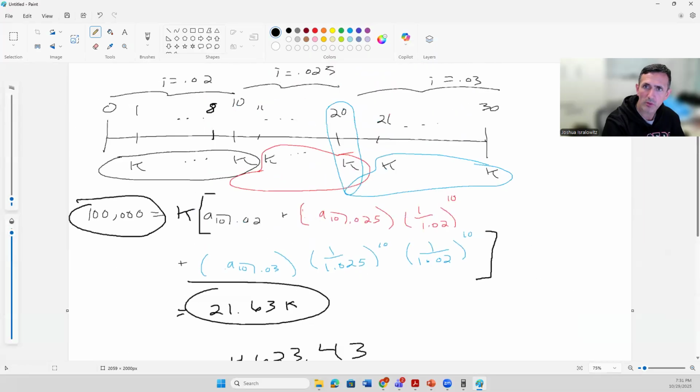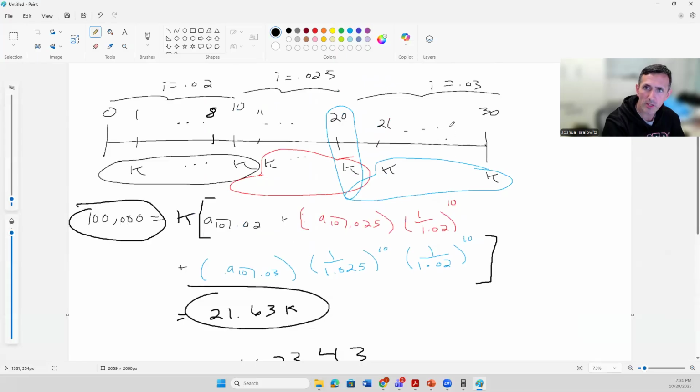Okay, and now we do 25. That would be here. So again, in theory, we could do the retrospective method, but it's a giant pain, because we can't use the simplified retrospective formula.